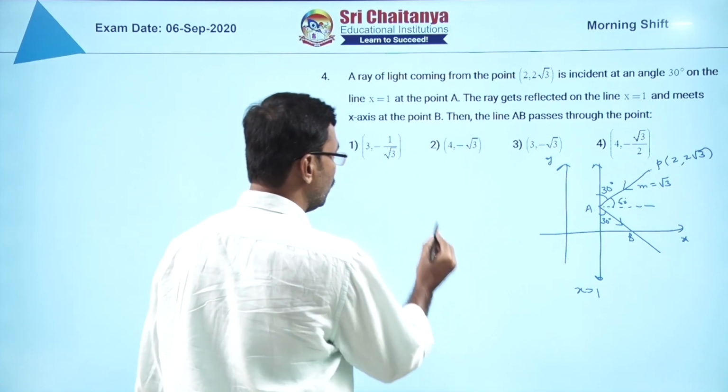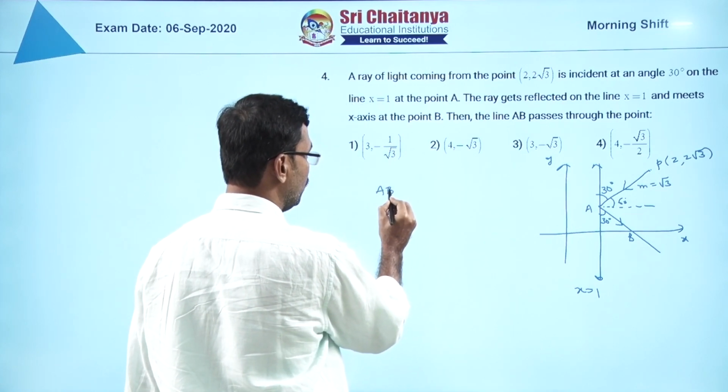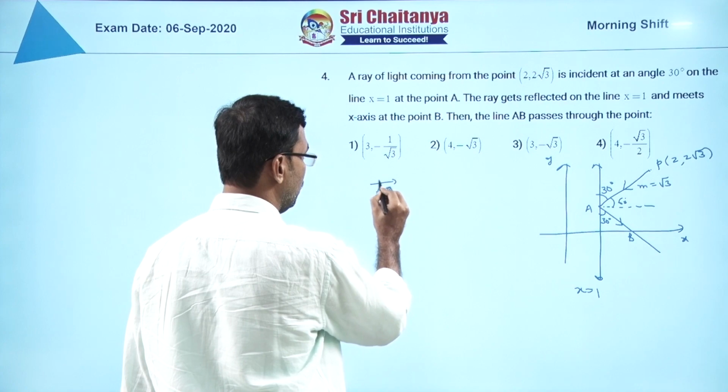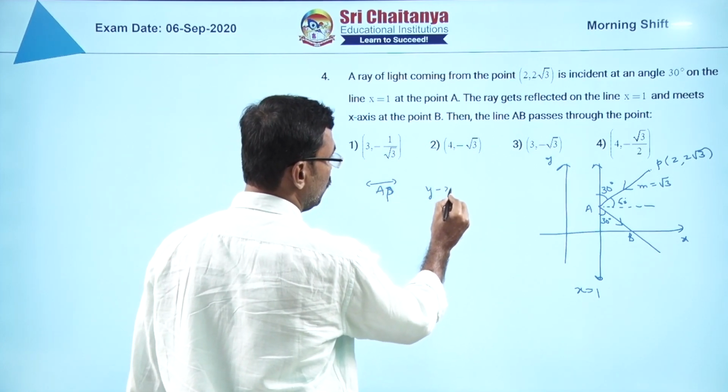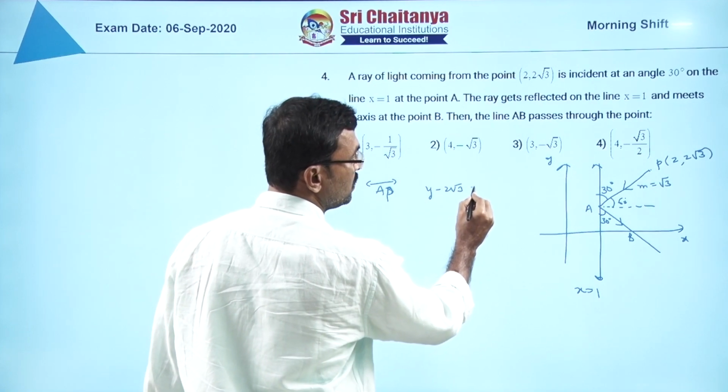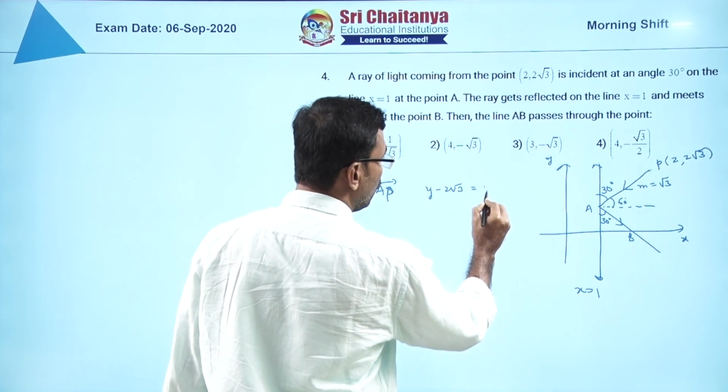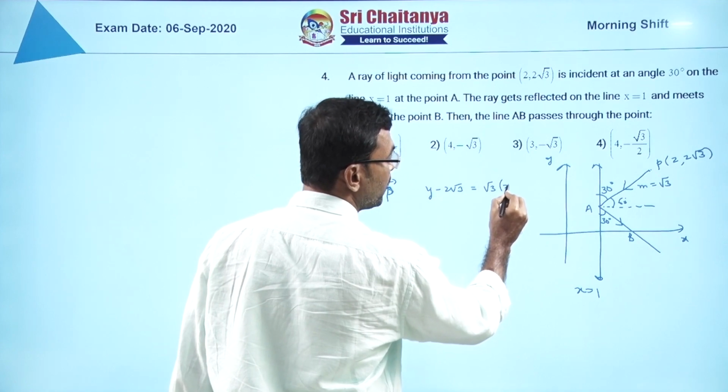So, therefore, equation of line AP is y minus 2 root 3 is equal to root 3 into x minus 2.